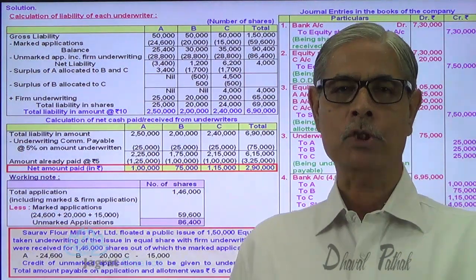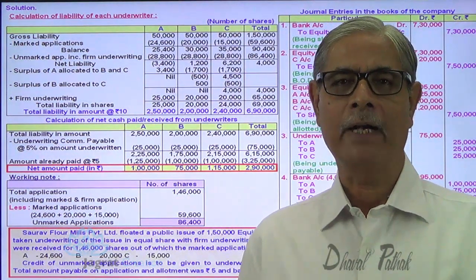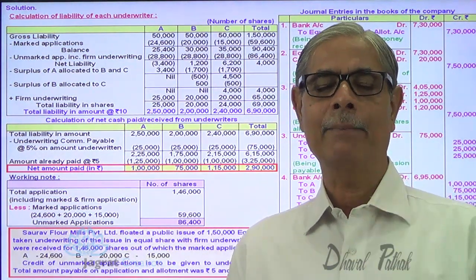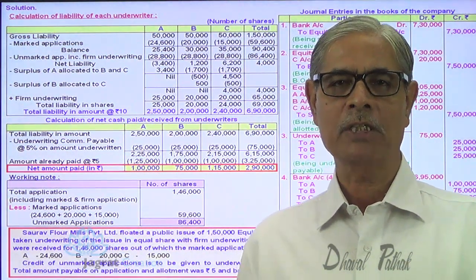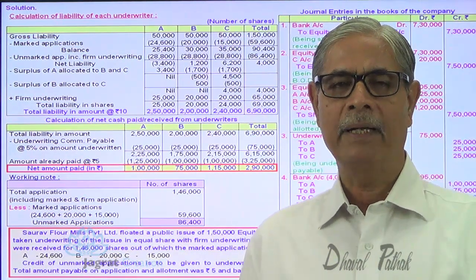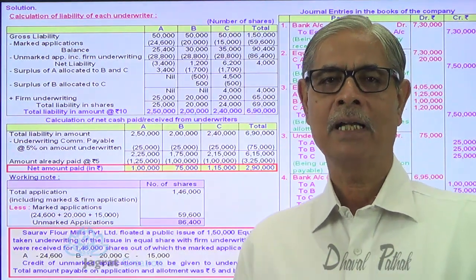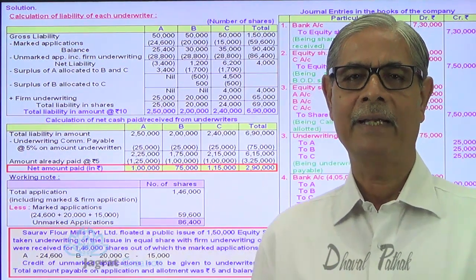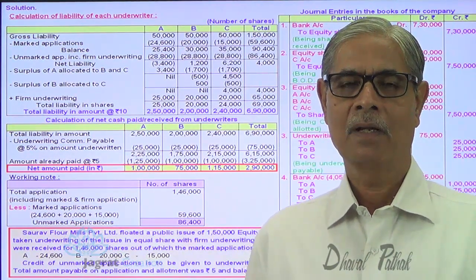Now in examination, a student can tactfully avoid the cash, bank debit and bank credit and can write the entry for the net amount. That is also possible. But for the better explanation of the journal entries, I have recorded all the journal entries for the understanding of the student.